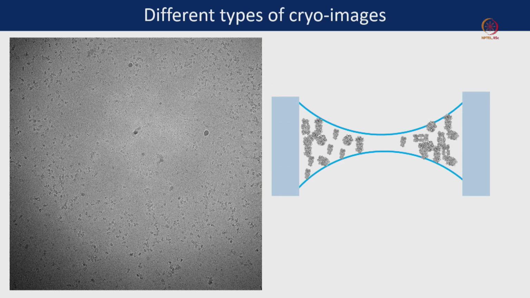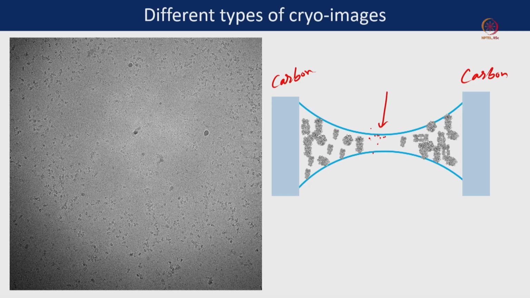Now come to the next one. Another possibility is that because of your blotting, if this is the carbon layer, and we blotted in such a way that the ice is very thin, and any protein stays in this area, it will be at the air water interface.